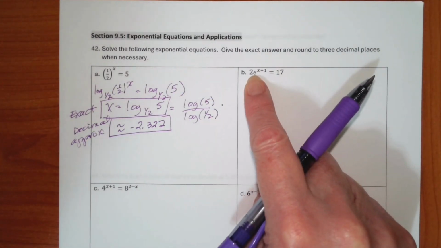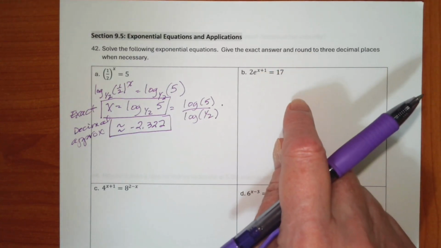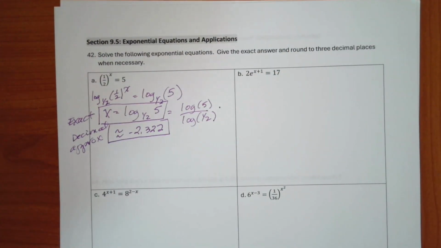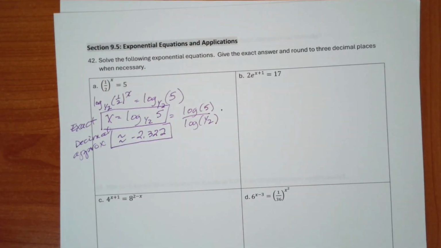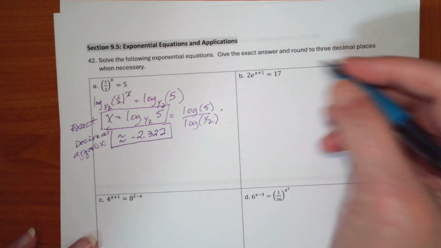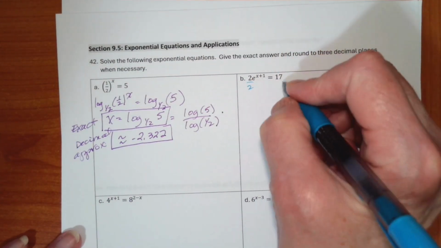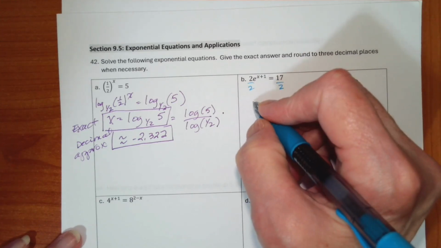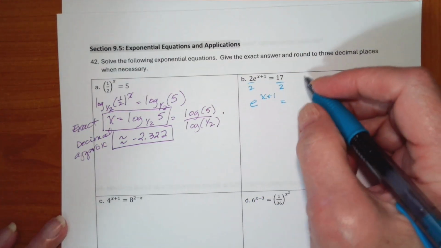Okay, well, let's see. I've got e here. If I can get the e to the x plus 1 by itself, then I can take the natural log of both sides and I'm golden. Okay, so let's go ahead and do that. So I'm going to divide by 2. And I get e to the x plus 1 is equal to 17 over 2.